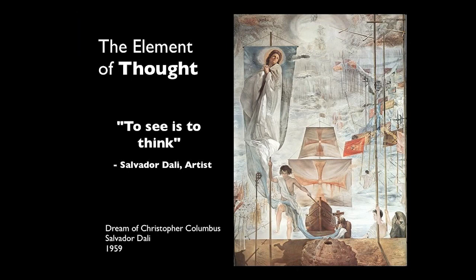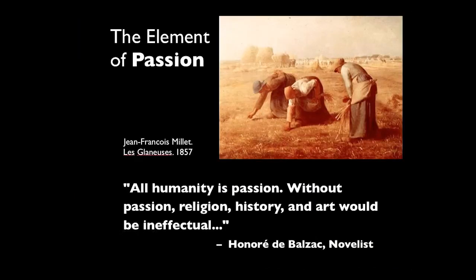Salvador Dali said to see is to think, and by that he means you have to think, you have to plan, you have to see beyond what's just coming at you. And then you have to form an opinion about it. In other words, you're going to include or exclude things. You're going to balance it out with this object and that object and so forth. So there's the idea of seeing being a process of thinking.